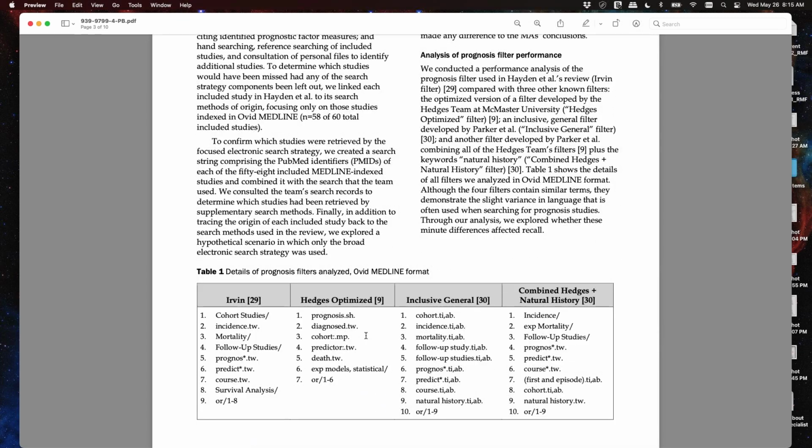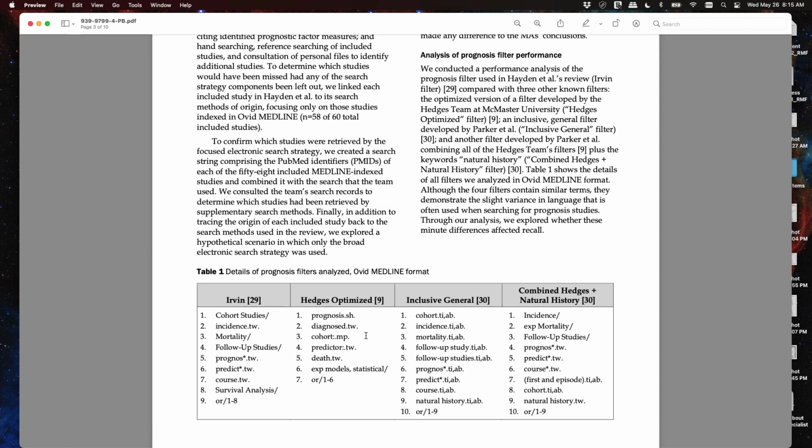And they compared this Irvine filter against one of the Hedges team's prognosis filters, the optimized version, and another one that I wasn't aware of, which is a publication, I think by Parker, and they call that filter the inclusive general filter.